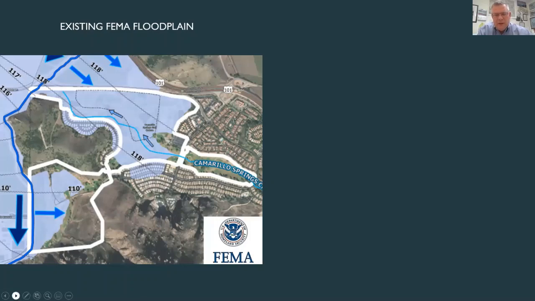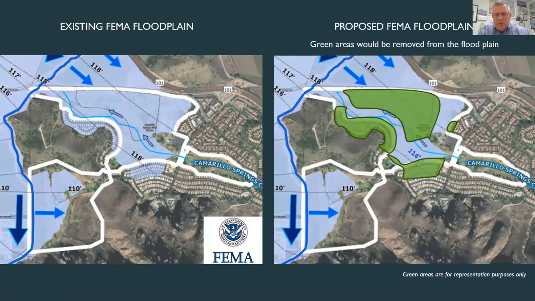And then on the right-hand side of the screen, you'll see that same map with the green areas where, through the project improvements, through the flood safety program, these 4 green areas will be where the 100-year flood hazard will no longer inundate those 4 areas of land. And so how do we do that? That's on the next slide.